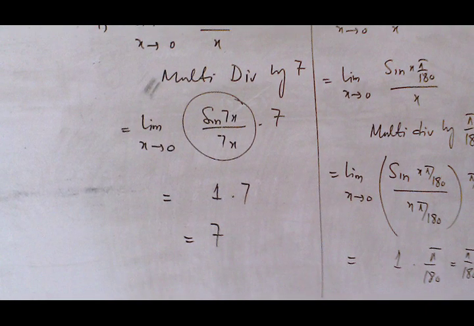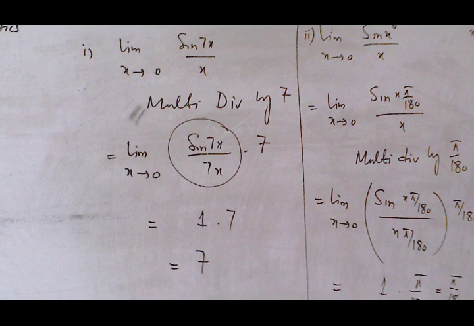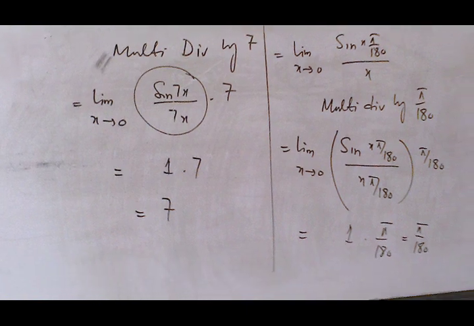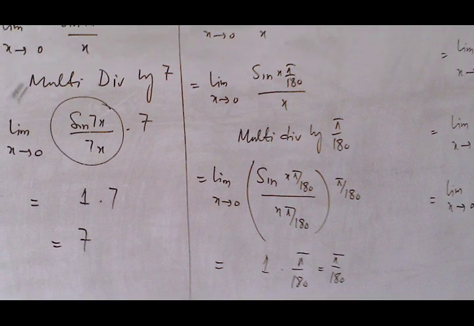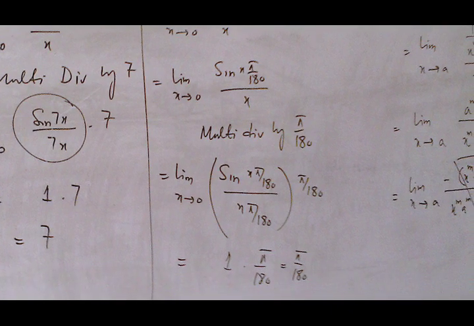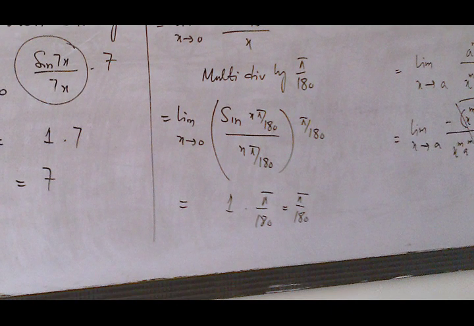Now this is in the form of the theorem, sin 7x over 7x, so therefore it is equal to 1. In the second part it is x degree, we convert it into radian by multiplying pi by 180, and by the same number we multiply and divide, and it is equal to 1.